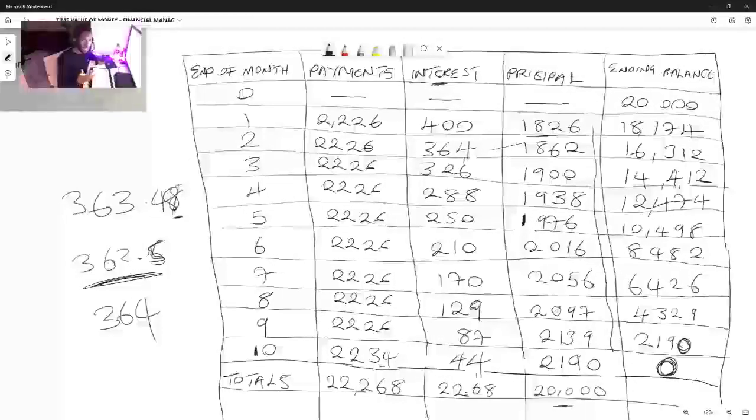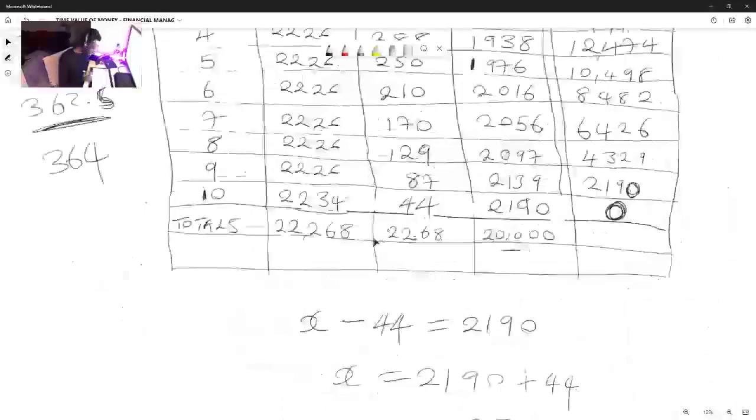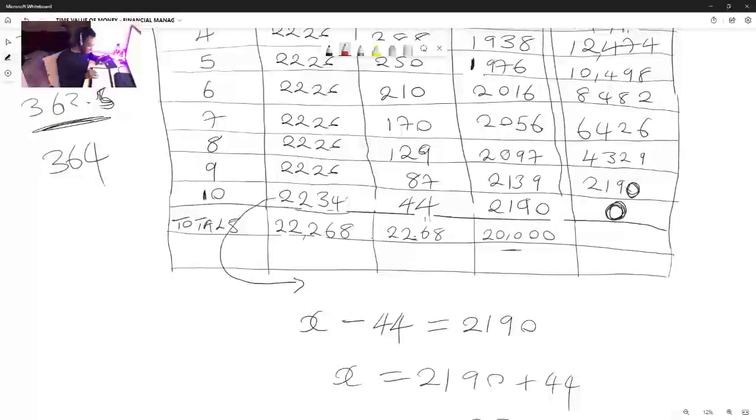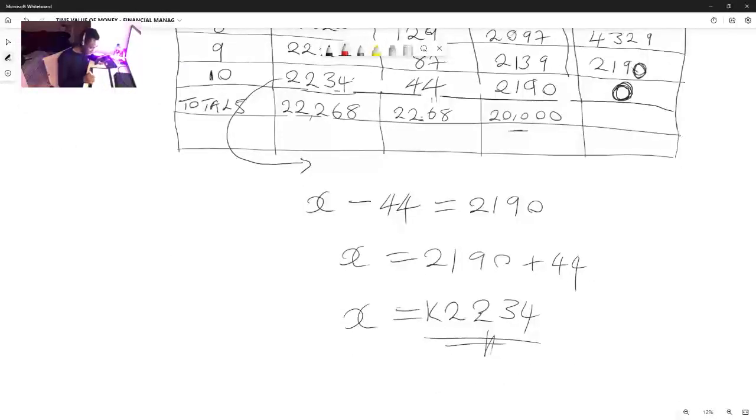This is what we come up with. So this is something that Mr. Kaira would be looking for. But one more thing before we come to the end of this. Just here at the bottom, it's important to highlight this part here, which is 2,234, which was our last payment that we had to adjust, that we calculated here.